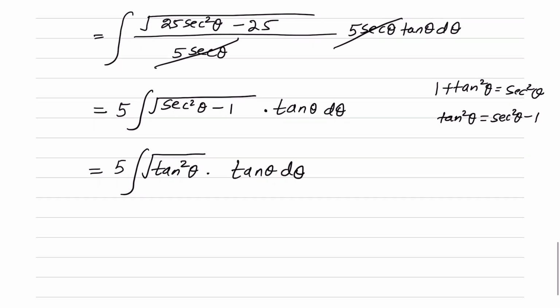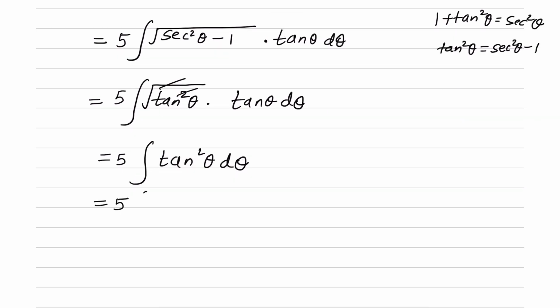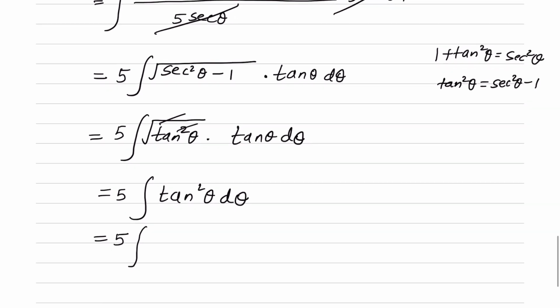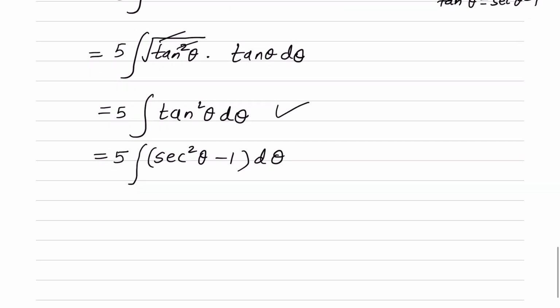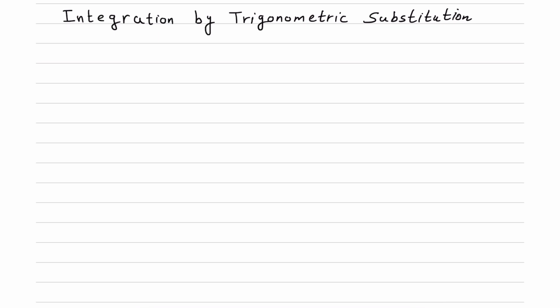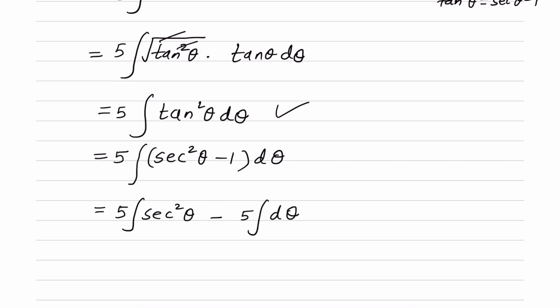Now this square cancels with this square root, so we have 5 tan square theta d theta. By the same identity, tan square theta could be written as secant square theta minus 1, because there is no direct formula to solve the integral of tan square theta d theta. So we will have to use the identity. Let's separate it out. It's 5 times secant square theta minus 1 d theta.